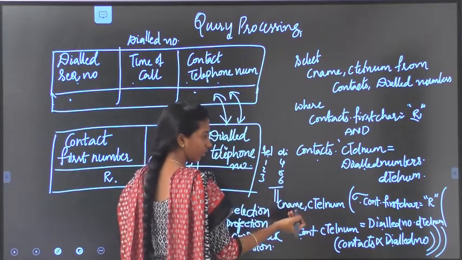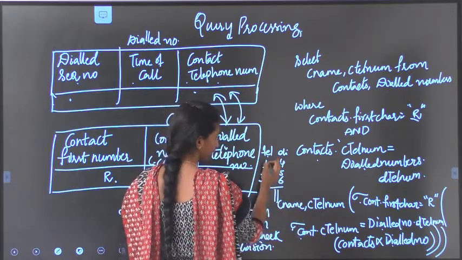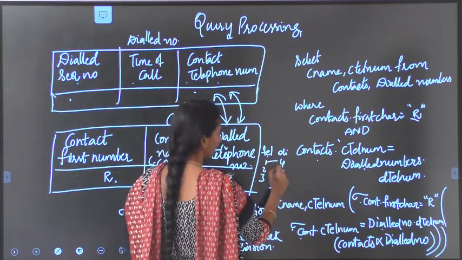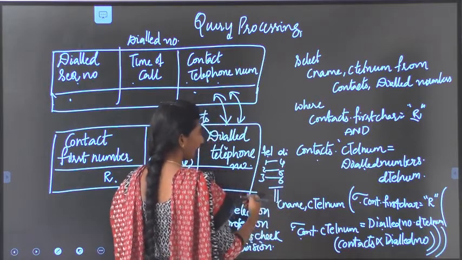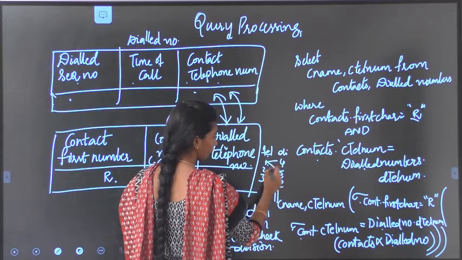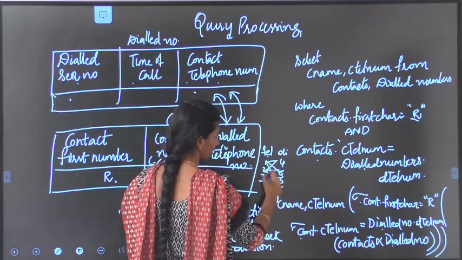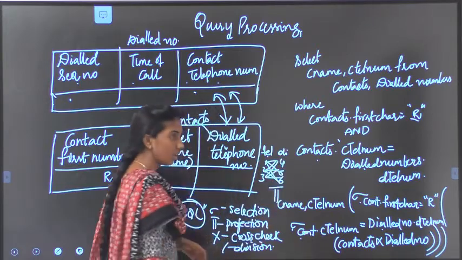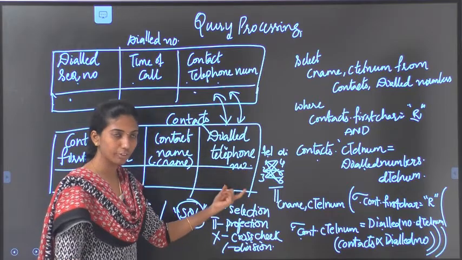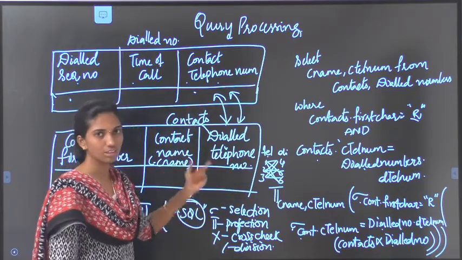If I simply write it as an equality operation, it will check position by position. But what I need to do is check every record against everything. Yes or no? Yes.